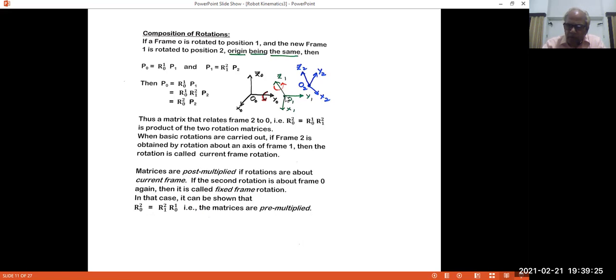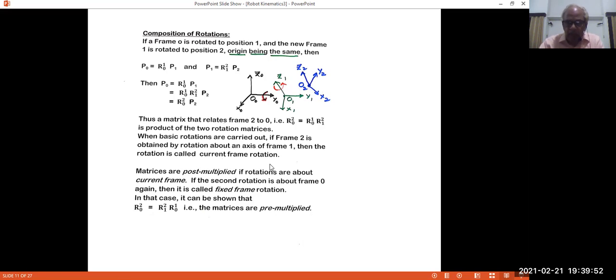The R21 rotation is a rotation about Z1, the new Z after the first transformation, which came to this position. This is the current Z position. So because the rotations are about the current positions, they are getting post multiplied.